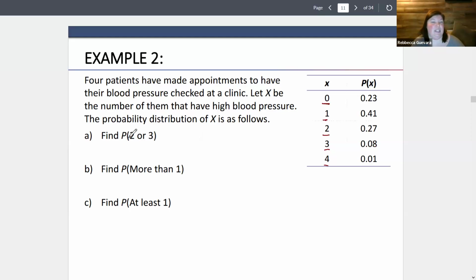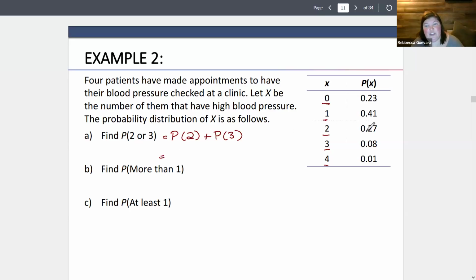So I want to find the probability that 2 or 3 of my patients have high blood pressure. So that is going to be the probability that 2 have high blood pressure plus the probability that 3 have high blood pressure, because that's an OR event, and we're not really worrying about an overlap here.